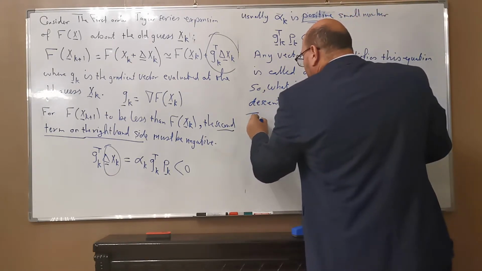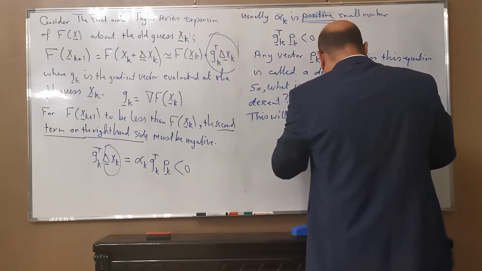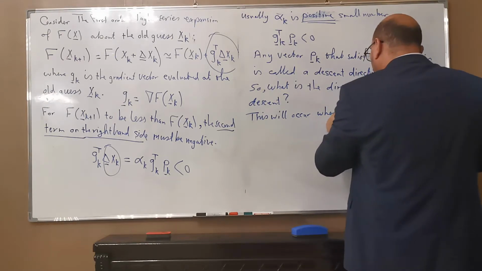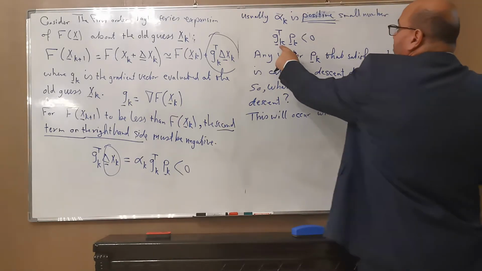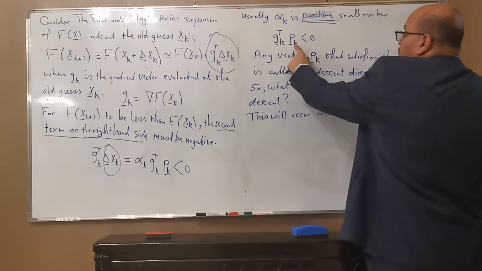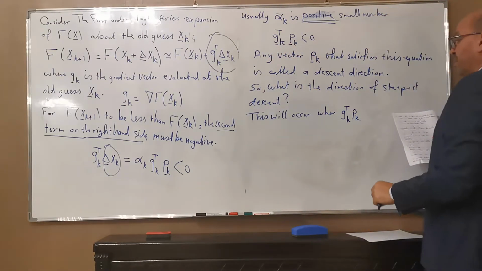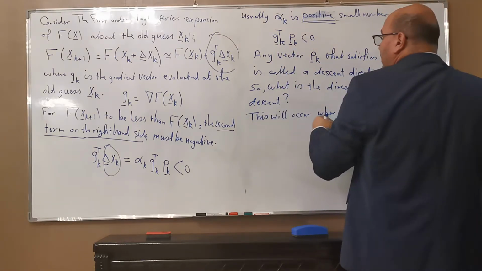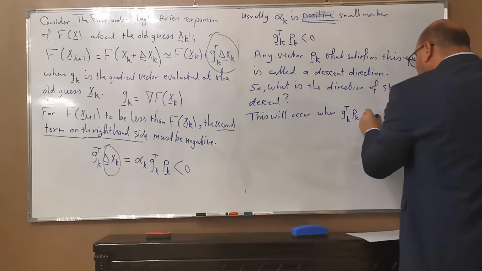This will occur when gk transpose pk, the inner product, which is the magnitude of this one times the magnitude of this one times cosine theta, gives the maximum negative. Maximum negative occurs when both are in opposite directions, 180 degrees between themselves, which is most negative.